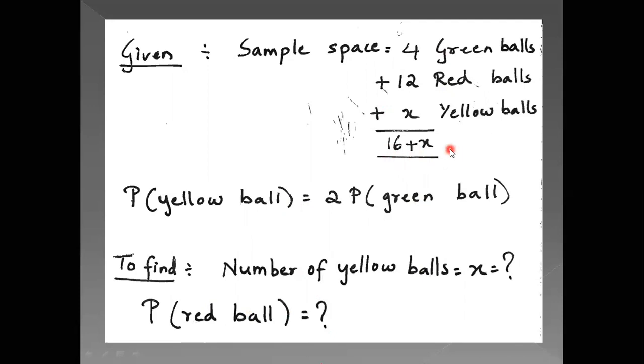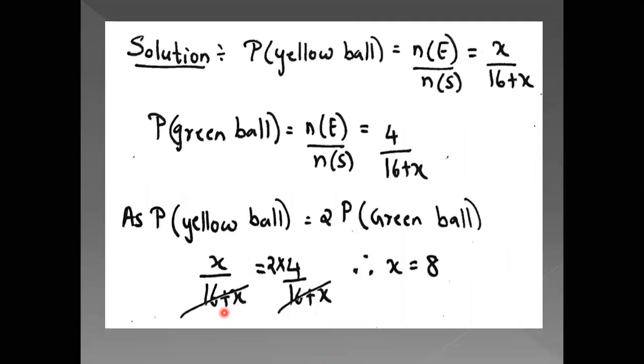Now 16 plus 8 will give you 24. After that you have to divide 12 and 24 and you get the answer for the probability of red ball. So you will do this as homework and post it.